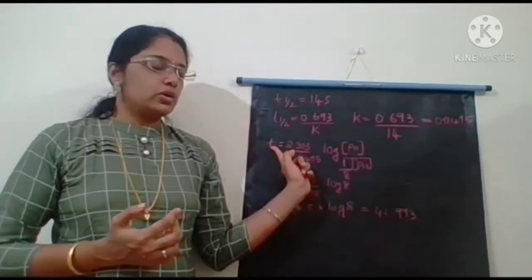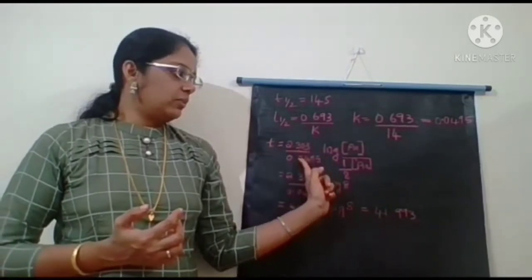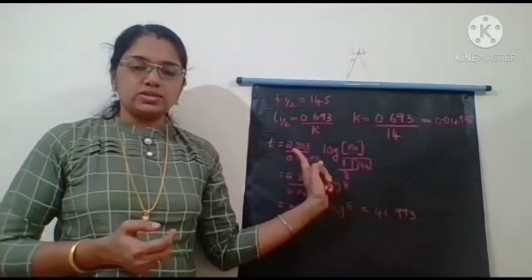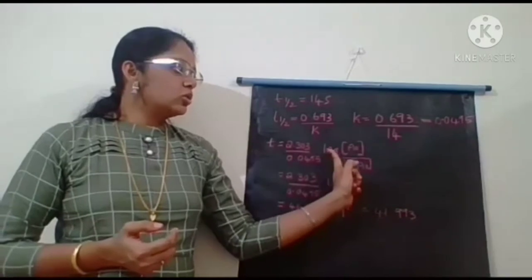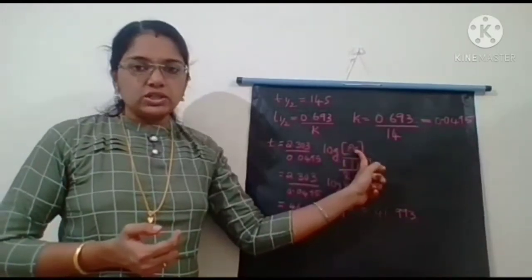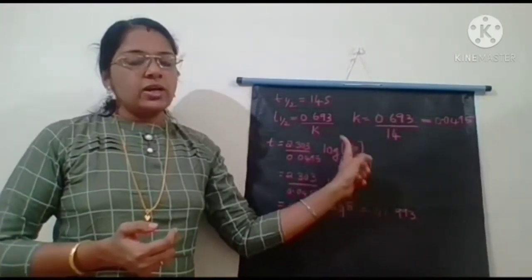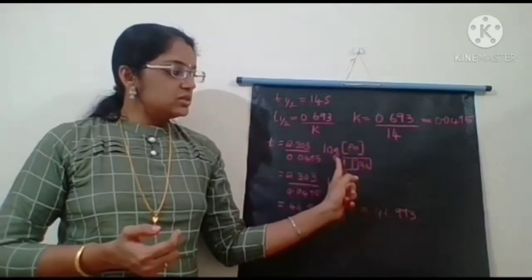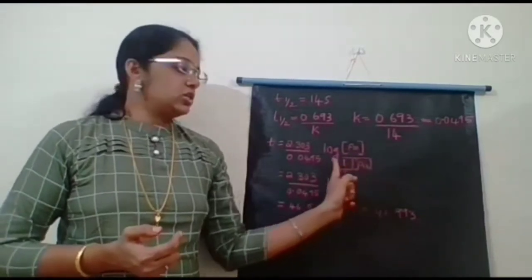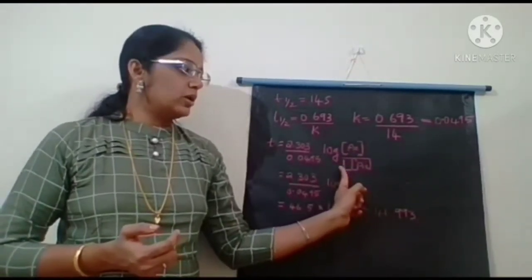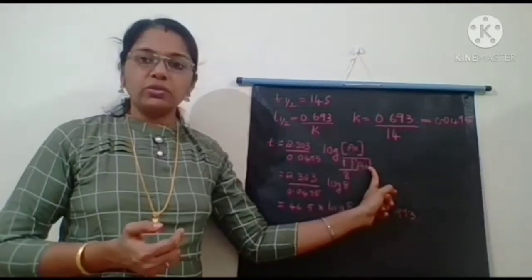So, T is equal to 2.303 divided by the K value 0.0495 into log of initial concentration, which we can consider as A0. Final concentration means it is 1/8 of the initial concentration. So, it can be written as 1/8 into concentration of A0.